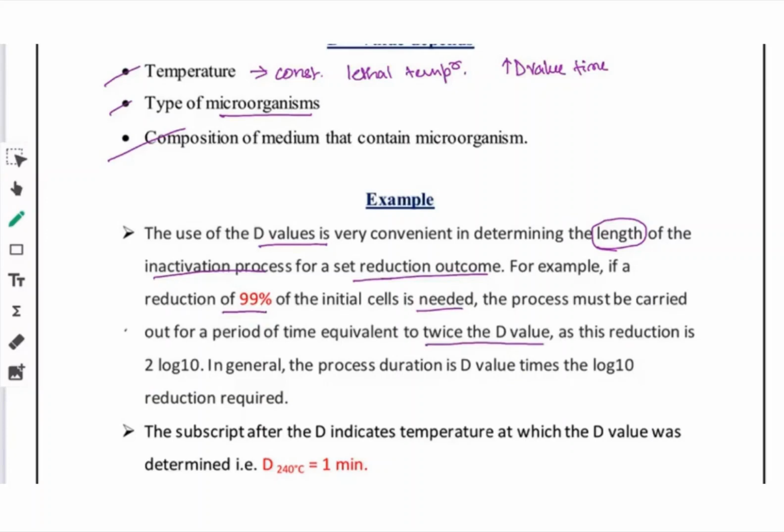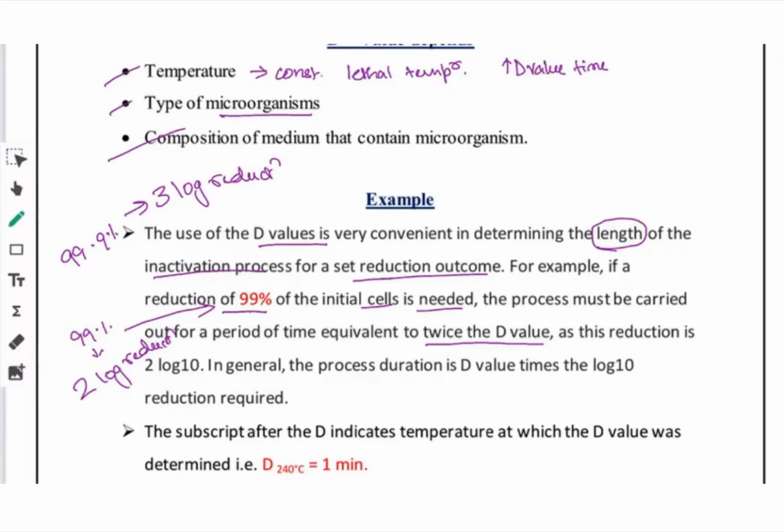In a previous video, I said that 99% we can write as 2 log reduction. Similarly, if it is 99.9%, then we will write it as 3 log reduction. In general, the process duration is D-value times the log 10 reduction required.